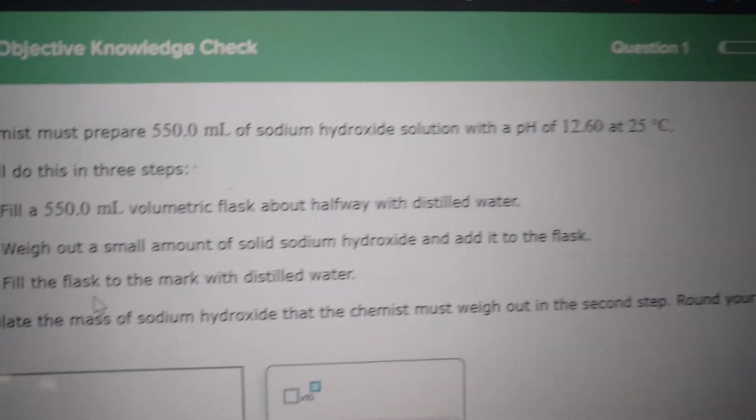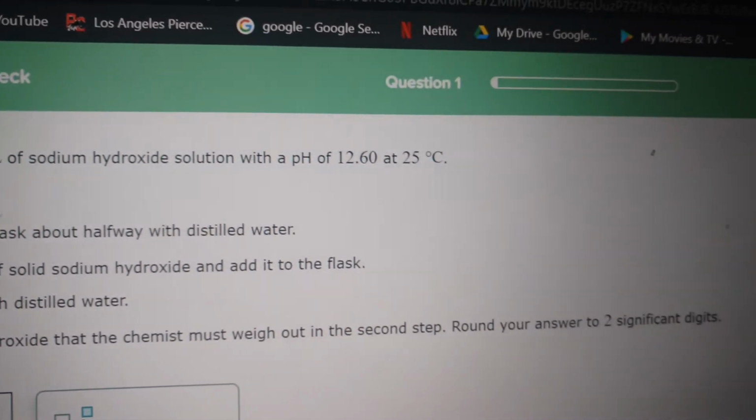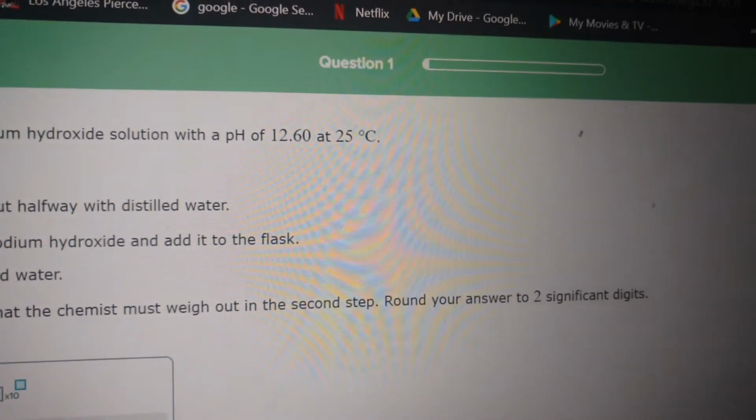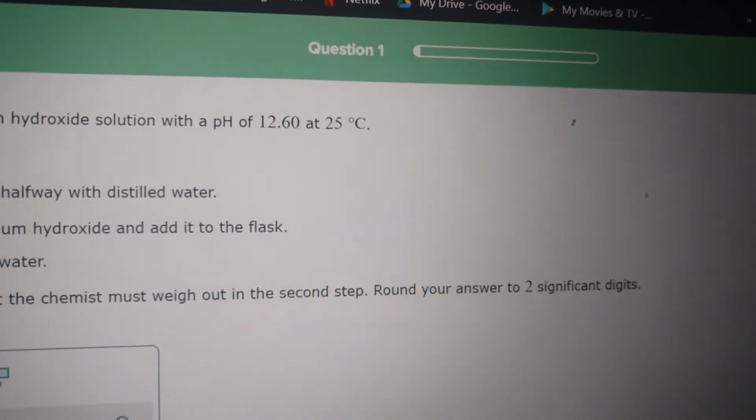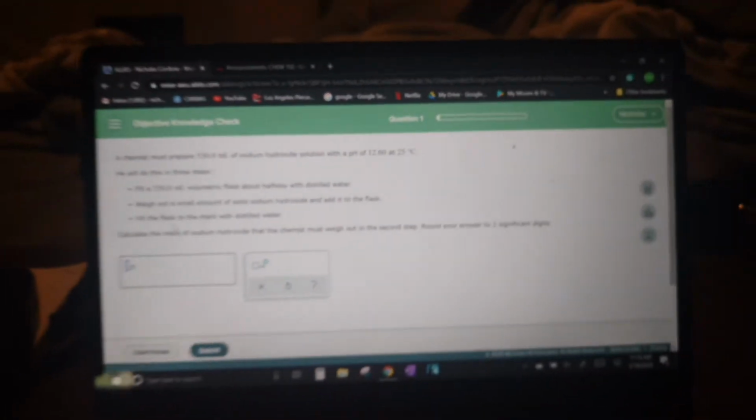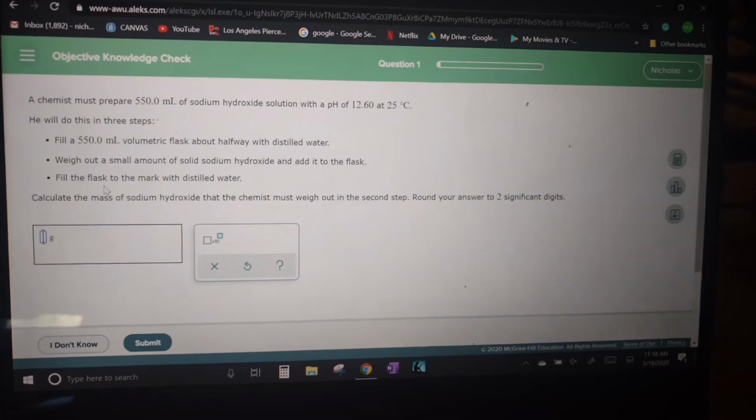When it says this pH 12.60, you can totally use pH plus pOH equals 14, but the problem is with Aleks, and you don't need to know this for the exam. You just need to know it to solve it.